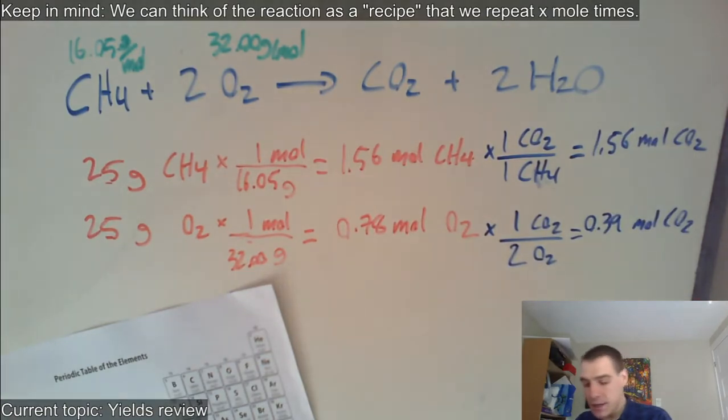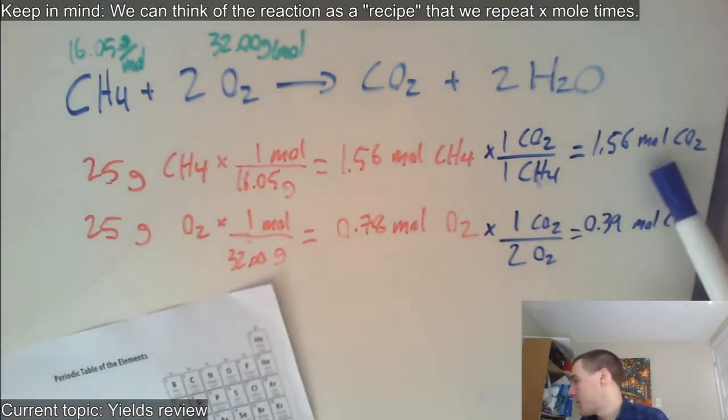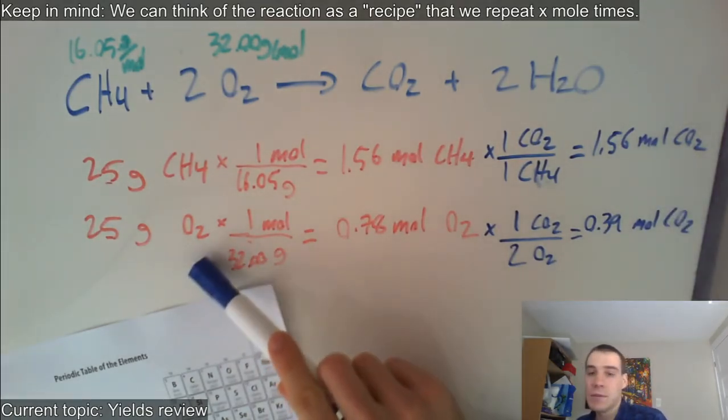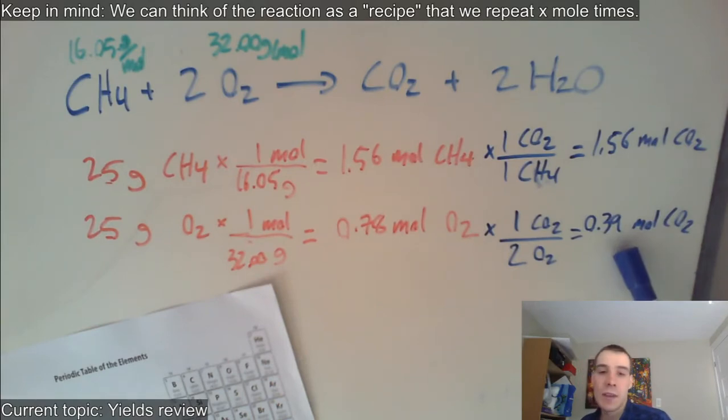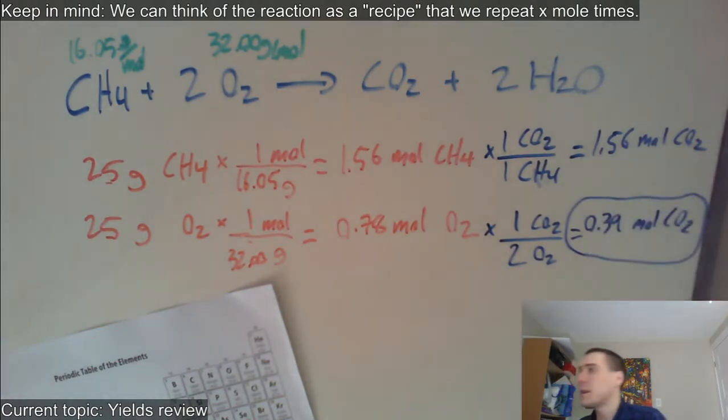So why did I do this? Well, it tells me that with 25 grams of CH4, I can make 1.56 moles of CO2. With 25 grams of O2, I can make 0.39 moles of CO2, which tells me 2 things at once. It actually helps me solve A and B in my question.